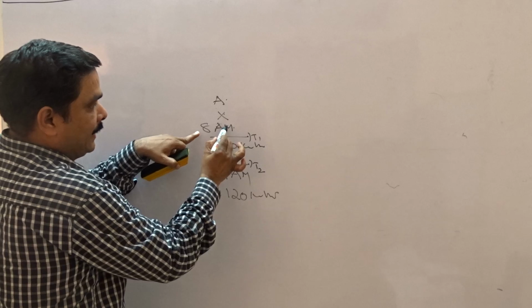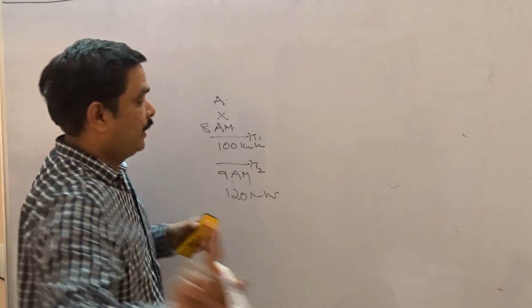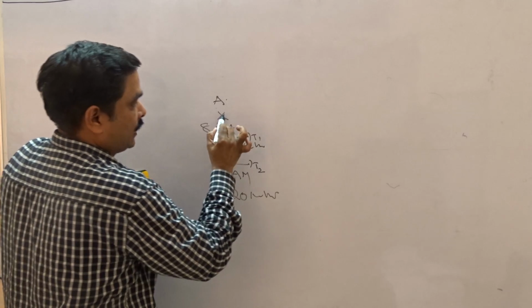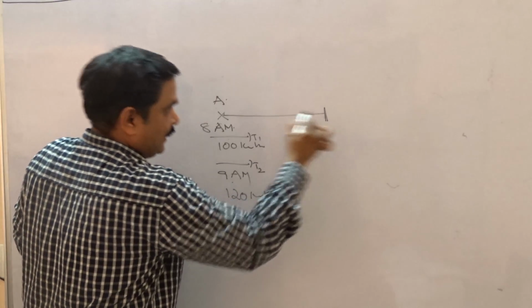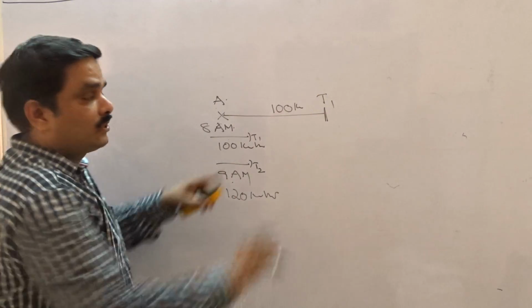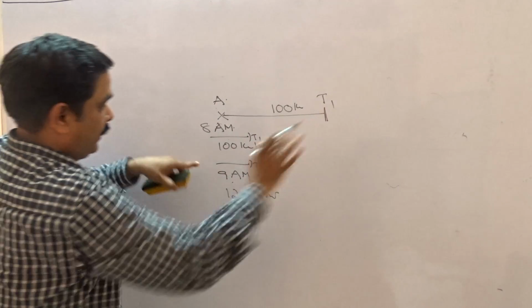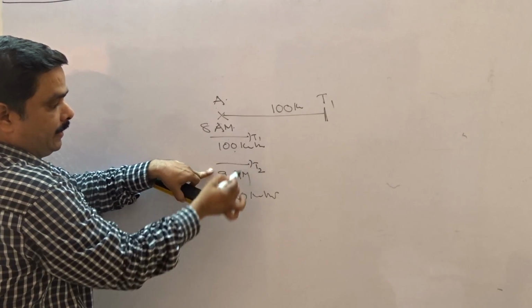Simply, from 8 am to 9 am there is a 1 hour difference. During that 1 hour the first train is going to travel obviously 100 kilometers. Train 1 has not stopped; it is continuously moving. Then after that train 2 started at 9 am.